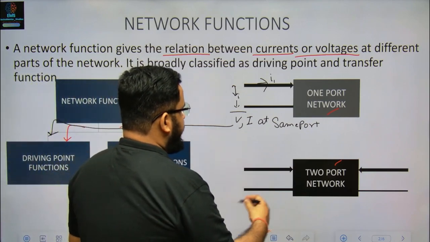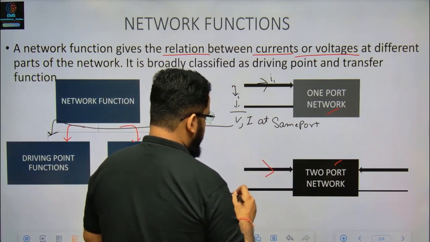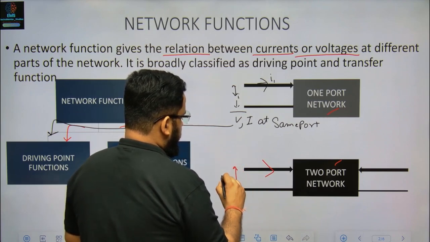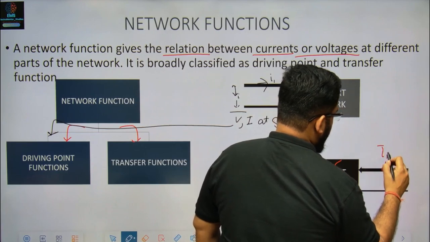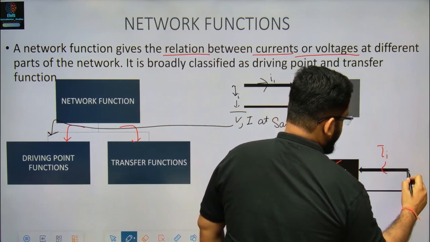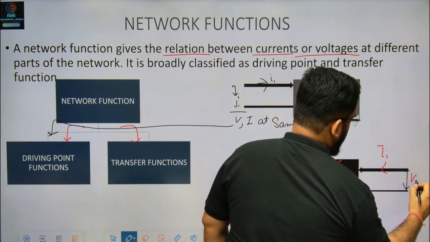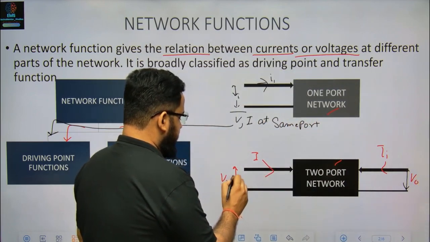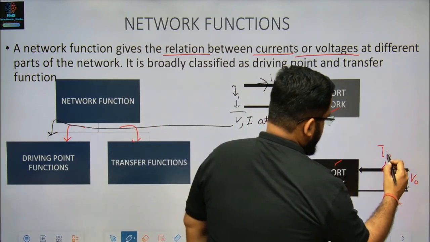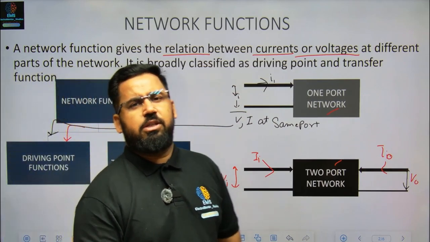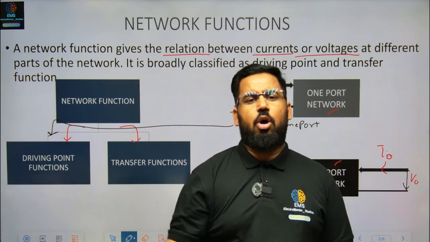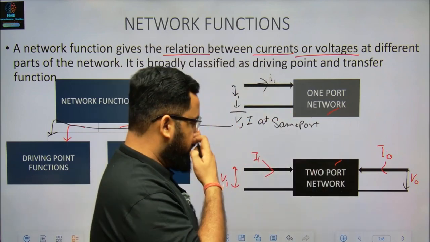And when we are concerned with voltage and current at different ports, we are talking about transfer functions. Transfer already means from one port to another, or from one place to another.